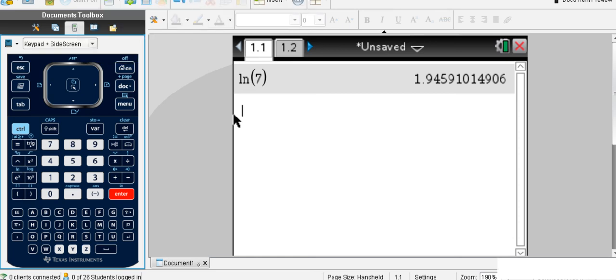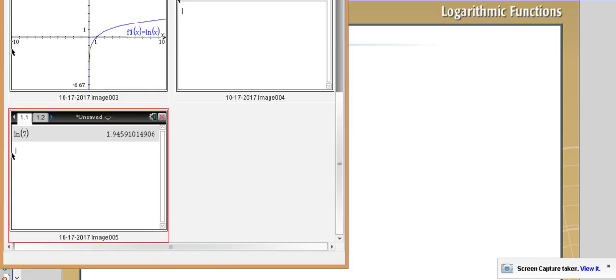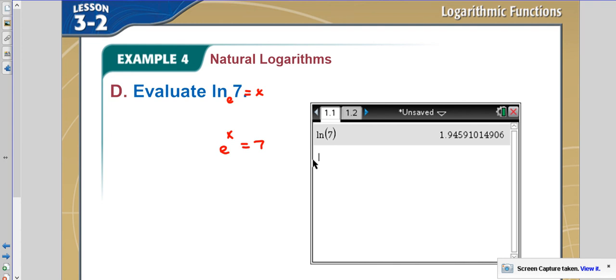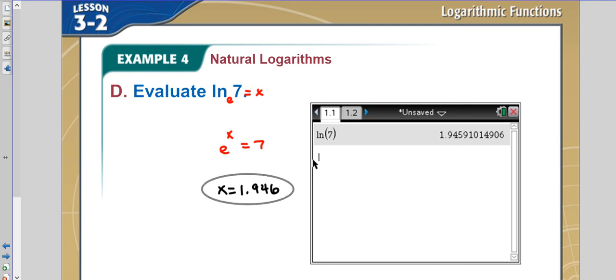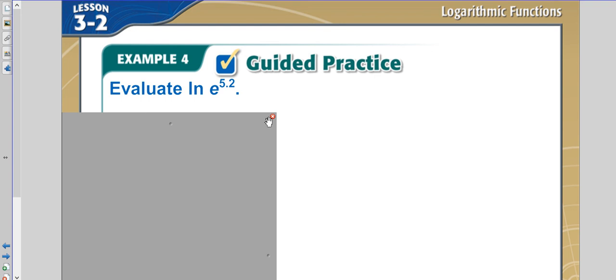So we know that x would equal 1.946, rounding to the nearest thousandth, and that's our value. Okay, you can try this one.